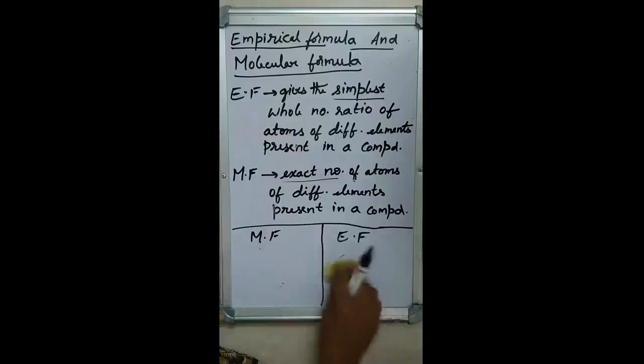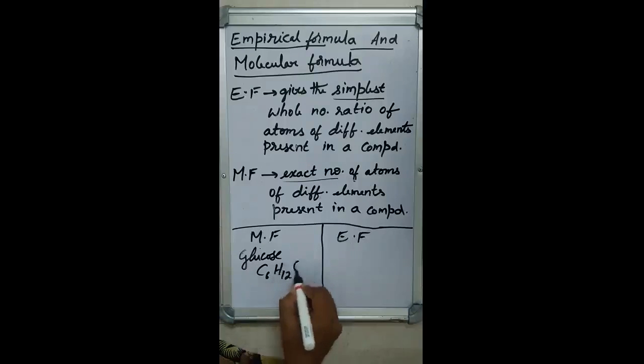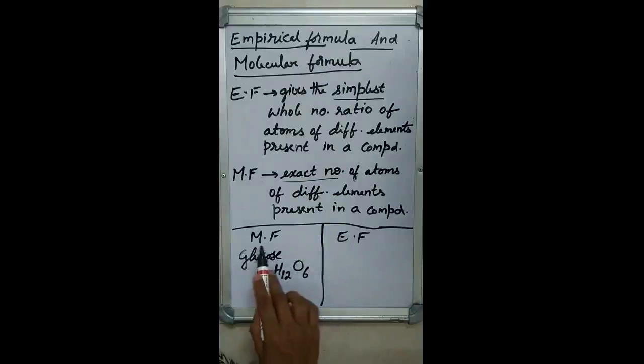Now what is the formula for glucose? Glucose, so the formula is C6H12O6. Now this is a molecular formula. Exact number of atoms. See here, exact or actual number of atoms of different elements present in a compound.